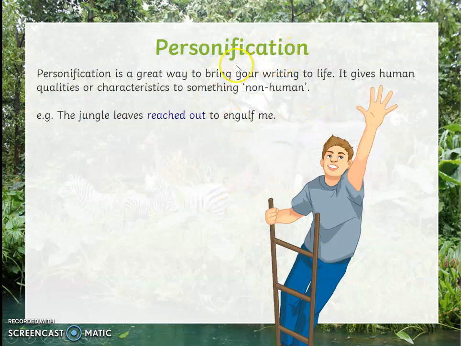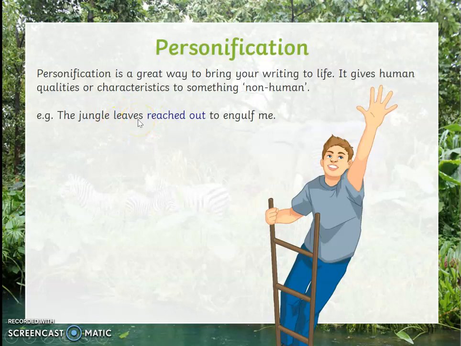Next comes personification. It is one of the figurative devices. It's like giving human quality, in simple words, to non-living things. It's a great way to bring your writing to life. It gives human qualities or characteristics to something non-human. The jungle leaves, now leaves.